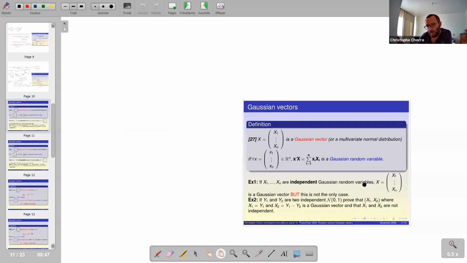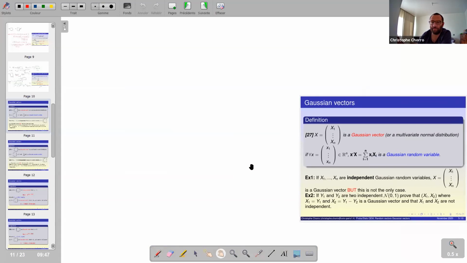So the way to define a Gaussian vector is this one. Gaussian vectors, which you can also find in textbooks under the name multivariate normal distribution, that is normal distribution in a dimension strictly higher than 1.